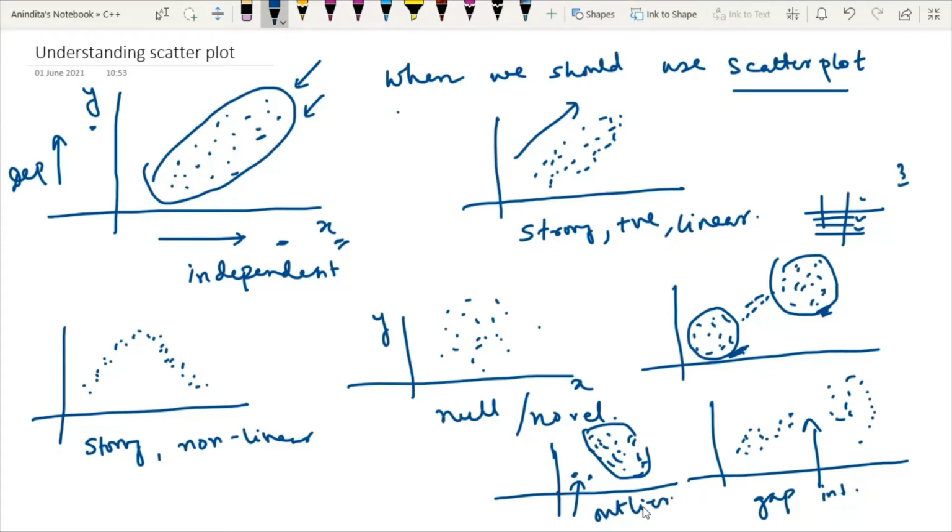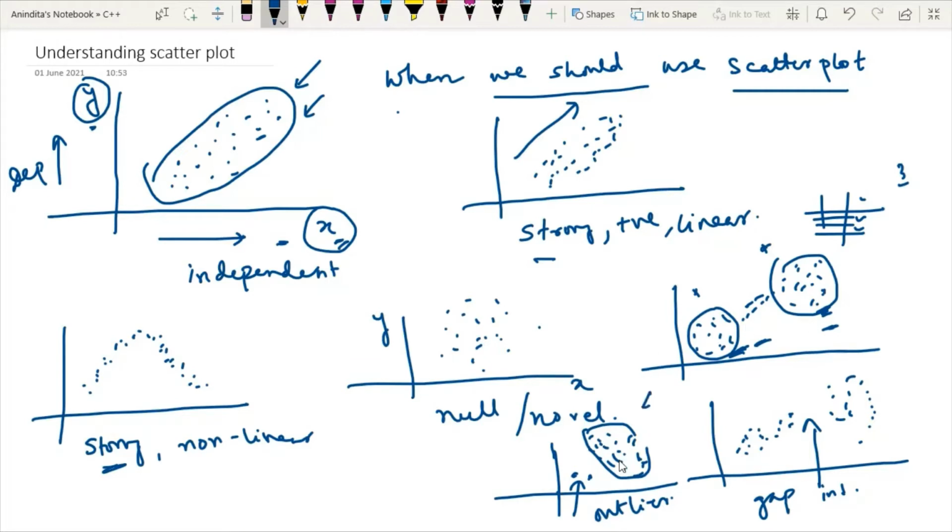So here my point is, when we should use a scatter plot, we should not use it only for observing the relationship between the independent variable and the dependent variable. Scatter plots are also used for finding the correlation, meaning strong, weak or moderate correlation. We can find out the clusters, meaning how many data points are of a similar category and what the number of groups in my data set is.